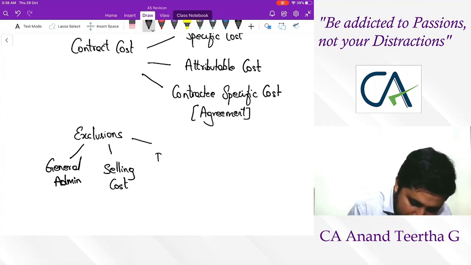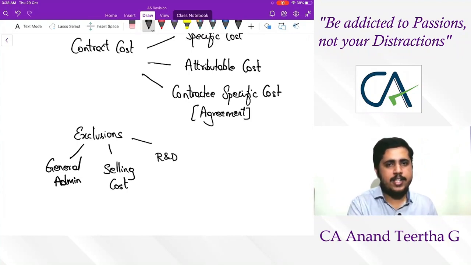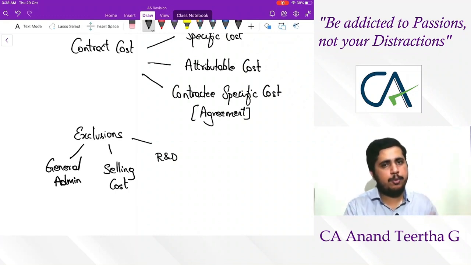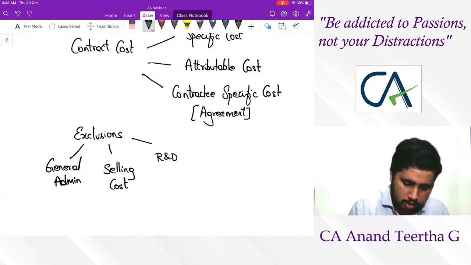Third, if there is any R&D, it is excluded. So why is R&D excluded? Because it's not related to a particular contract. You make your R&Ds, that will be applied for all the similar contracts which are going to come from today till life, until and unless you change your R&D. So since it is something which is incurred on an overall basis, it's not considered for contract cost.